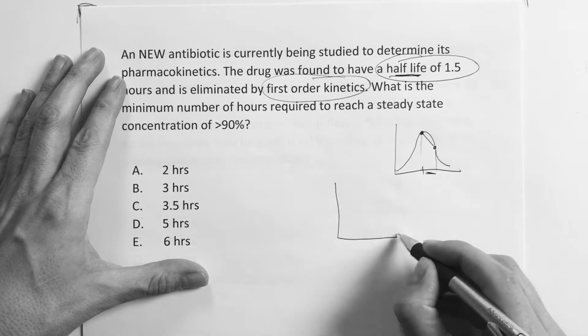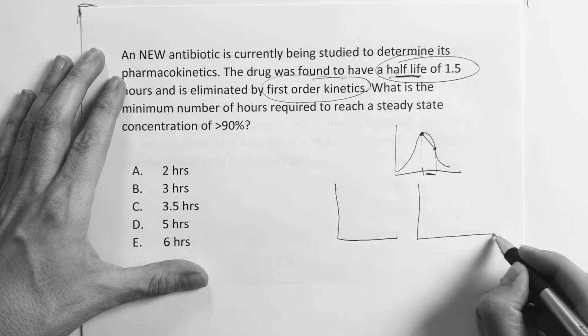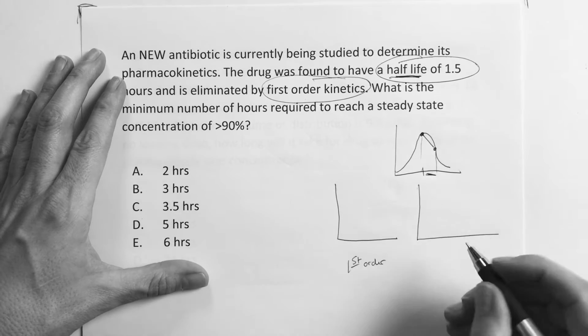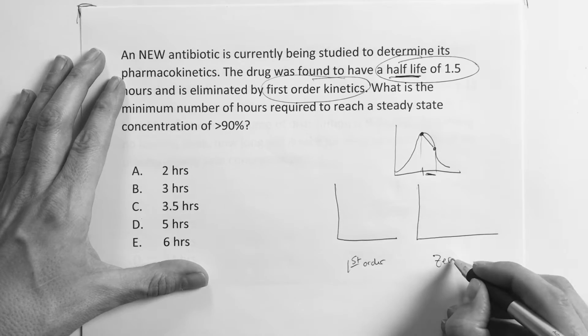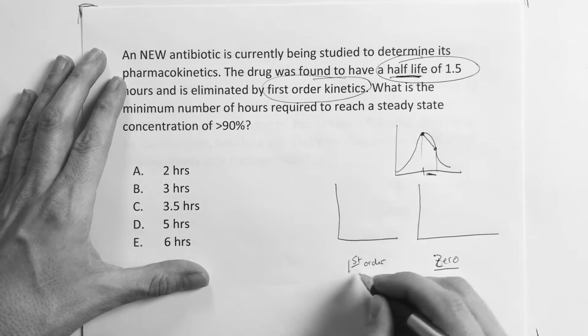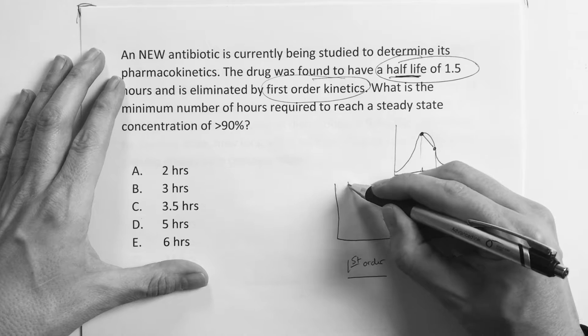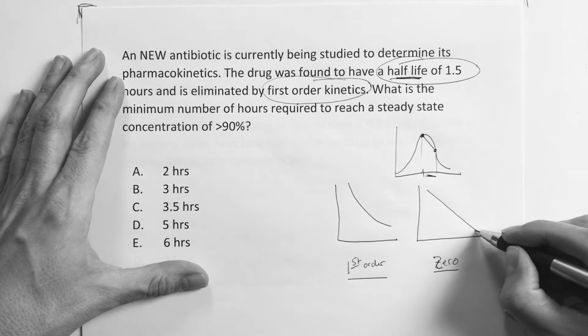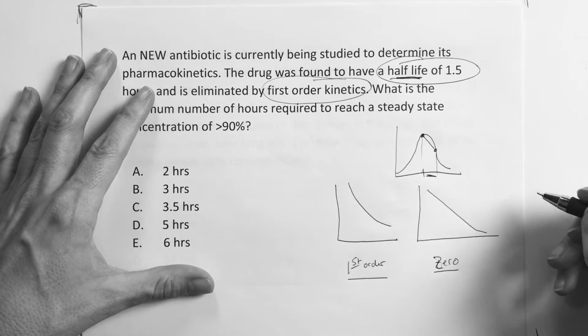We have first order and zero order. This is just a concept that you have to be aware of. I don't really think you're going to drill this home too much, but first order looks like this, and zero order is more that semi-straight line.